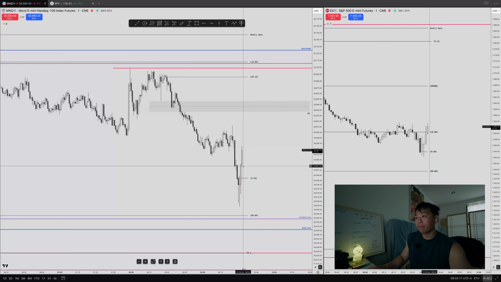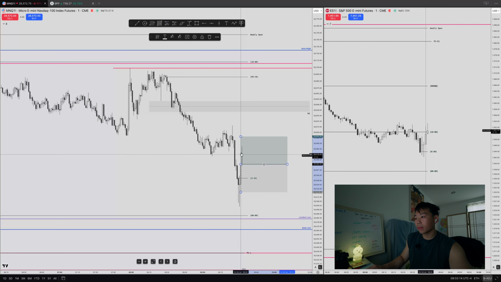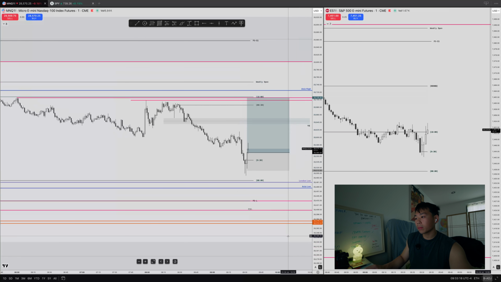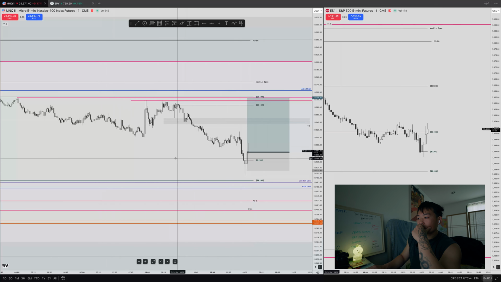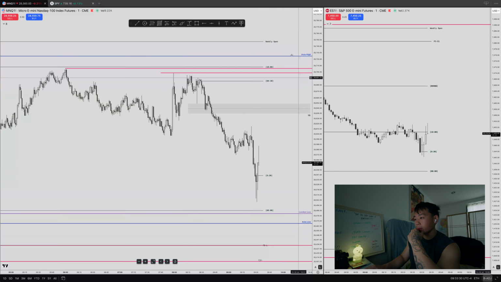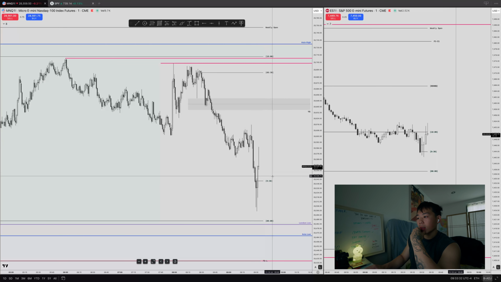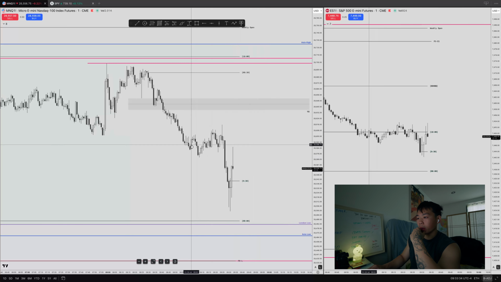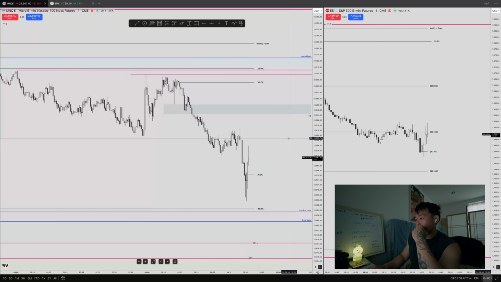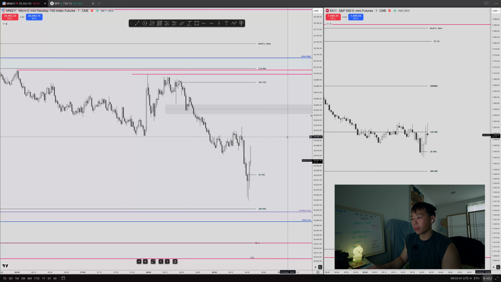I don't like this one. I don't like this just because we do have sell side resting below. This would be a crazy pattern trade, although this is like some sort of little AMD going on. I don't know. To me, I just don't like it. I mean, if it plays out, then it plays out, but it's not something I would take.